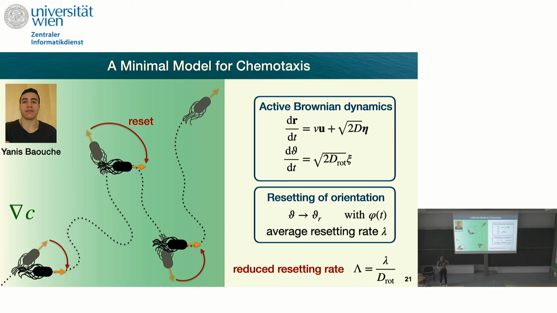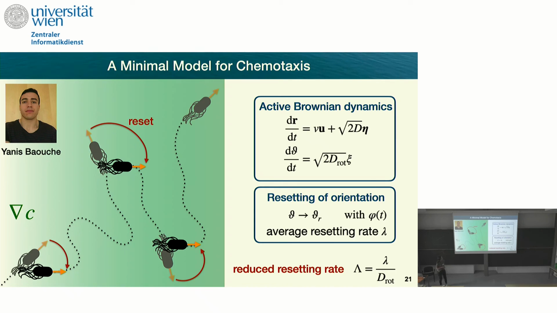That's a minimal ingredient to achieve directional motion, like an overall drift of the particle. In this minimal model, we have one important dimensionless parameter that couples the resetting rate, the frequency at which those agents reset towards a specific target, with respect to their rotational diffusivity.